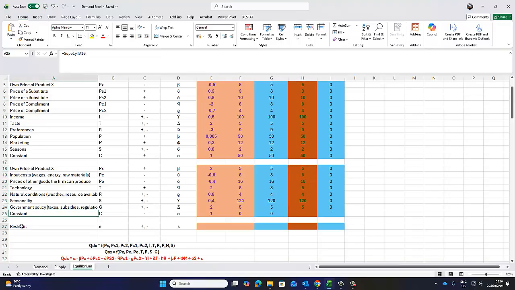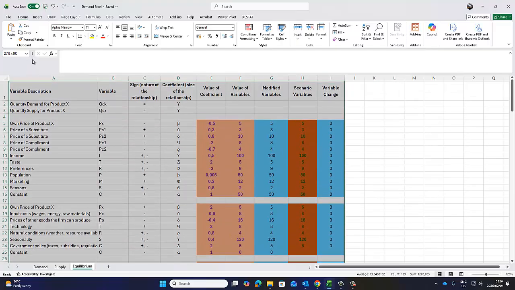And then obviously a constant, and then the residual standing on its own. So that is the demand and supply functions with its signs, with its coefficients, with its values, the base values and its derived values. Remember, the derived values are where we do the scenarios: if that changes, if this changes, etc.